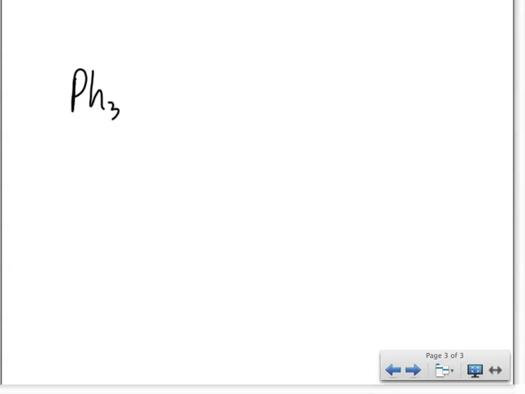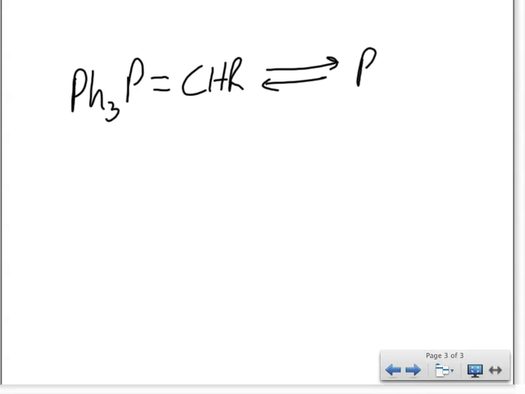The phosphorus ylide could be shown as the double bond through the carbon, but this is in equilibrium to the phosphorus ylide, where the phosphorus is shown as positive and the carbon is shown as negative.